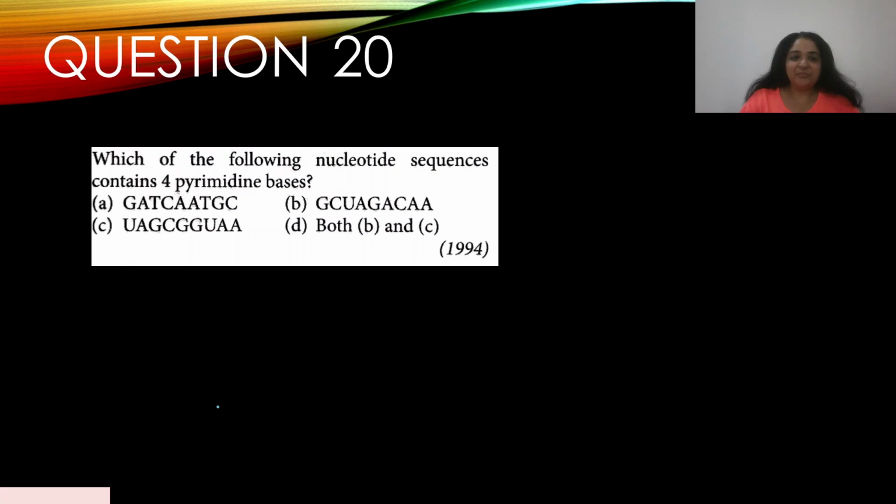Question number 20. Which of the following nucleotide sequences contains 4 pyrimidine bases? This appeared in 1994. Okay, we're talking about pyrimidine as such. So it can't be A or G. It has to be either U, C, or T. We don't know whether it's a DNA sequence or an RNA sequence.